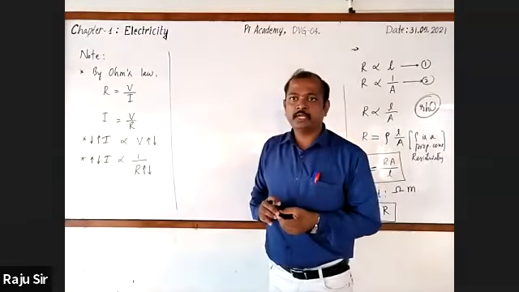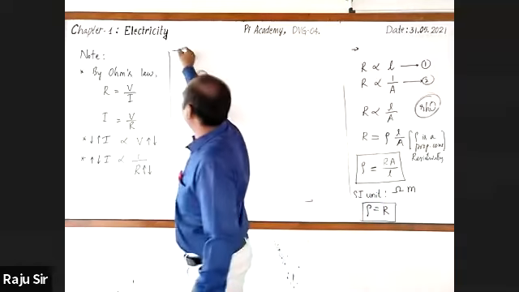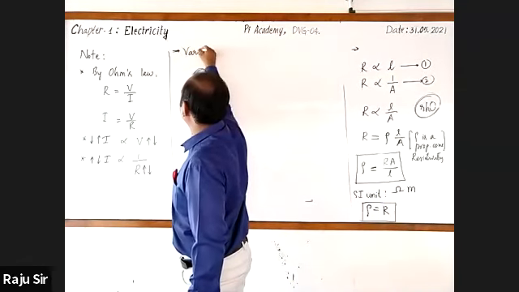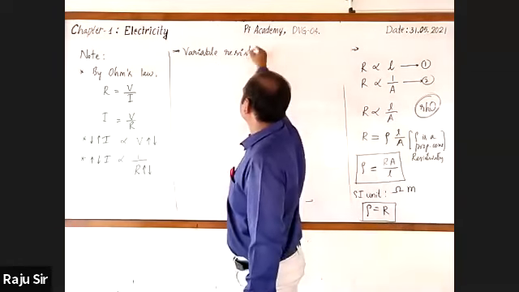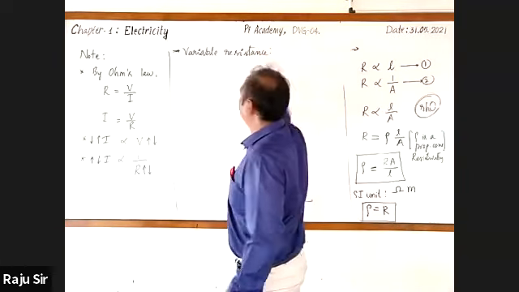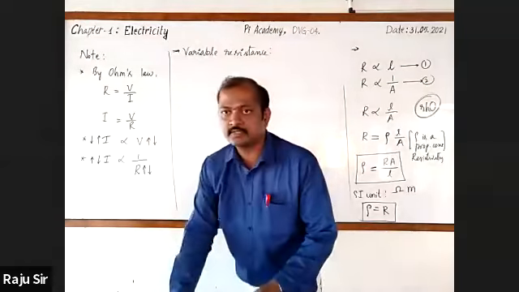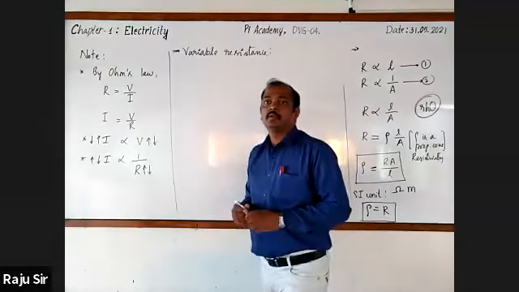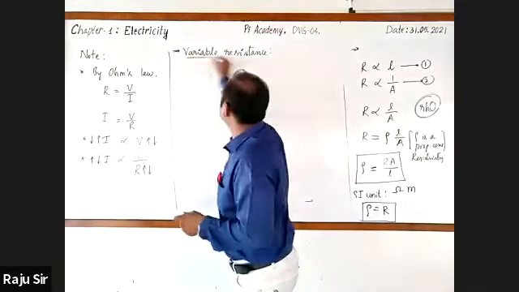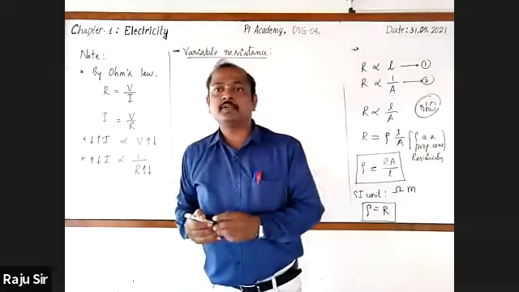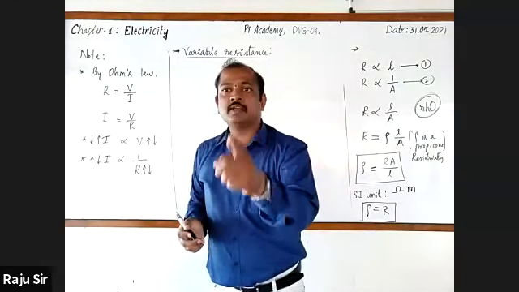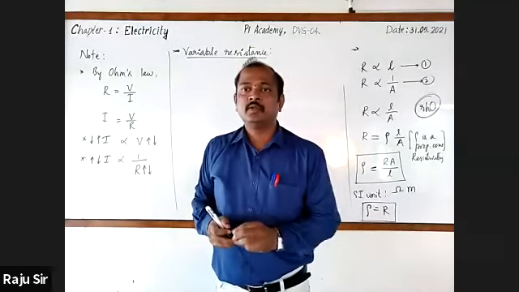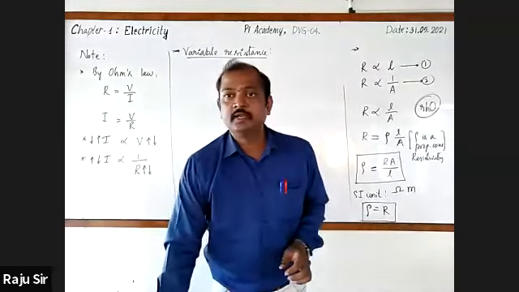Next, below that, write the side heading: variable resistance. You know that it is the component which regulates the current without changing the voltage.